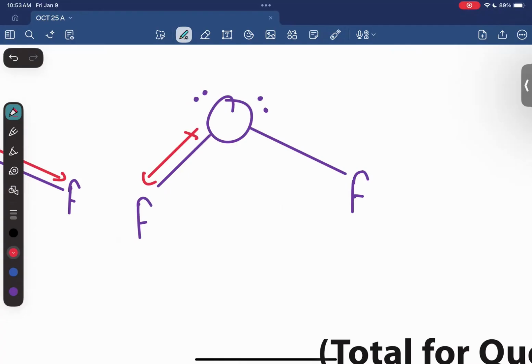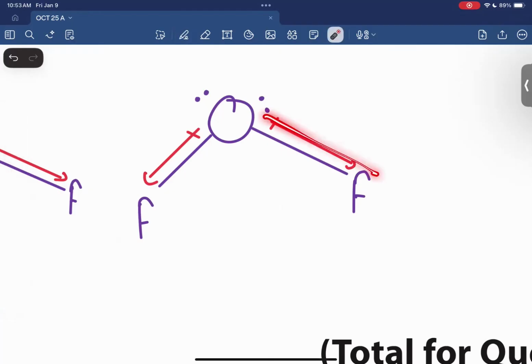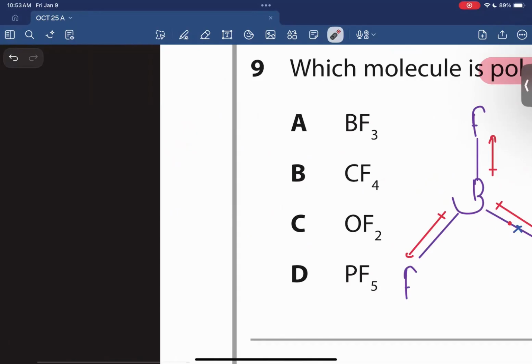Fluorine is the most electronegative element out there. He's the boss of everything. Now, what I could see from here is that this and this dipole moments are adding to one another, right? They are reinforcing themselves, and hence this is a polar molecule. So our answer should be C.